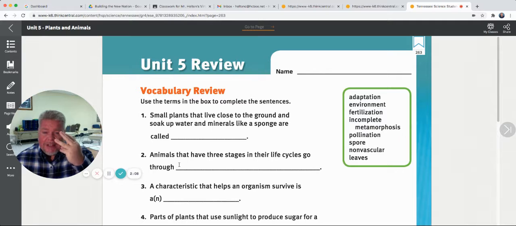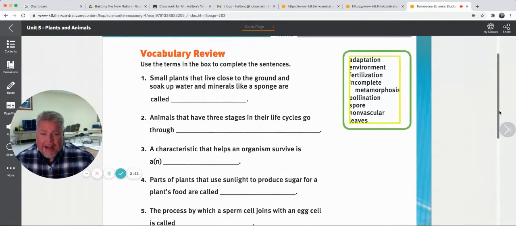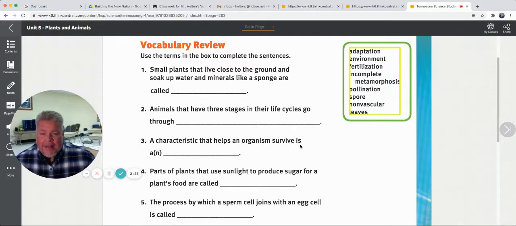There's 3 stages in incomplete metamorphosis, so that's the answer because it asks for 3 stages of the cycle. Incomplete metamorphosis would be the answer for number 2. Number 3, a characteristic that helps an organism survive. Well, we did lots about that last week when we were practicing reviewing this unit. Those things that animals can do or have on their body to help them survive are called adaptations. So number 3 is adaptation.